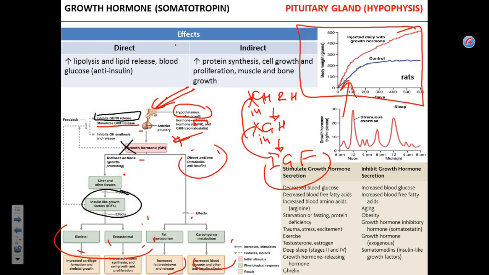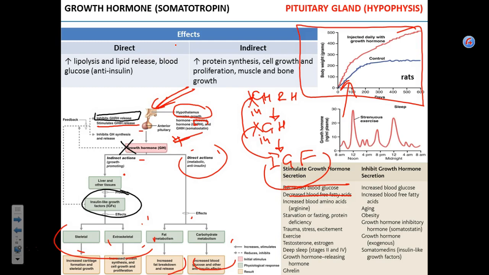What will stimulate the release of growth hormone then? If it increases glucose in the blood, what can stimulate growth hormone release? Low blood sugar. If it increases free fatty acids, if it breaks down triglycerides to free fatty acids, what can stimulate the release of growth hormone? Low free fatty acids. Does that make sense? So that we kind of can cross it out. Okay, decreased blood glucose, decreased blood free fatty acids.